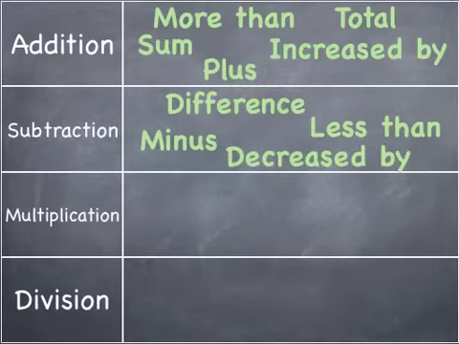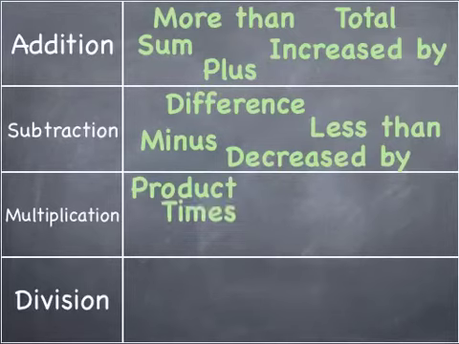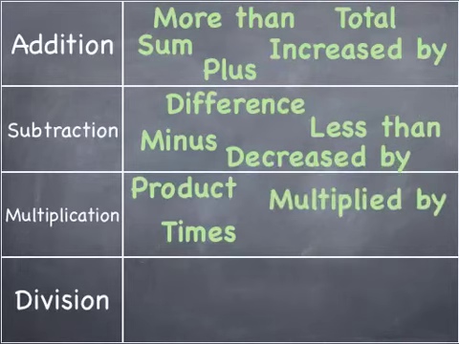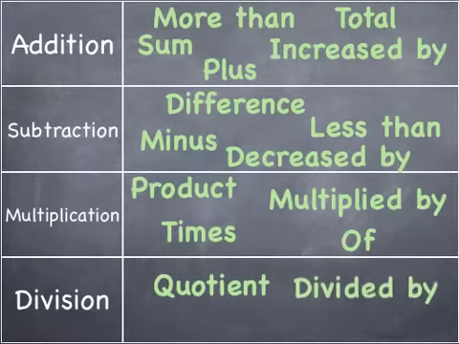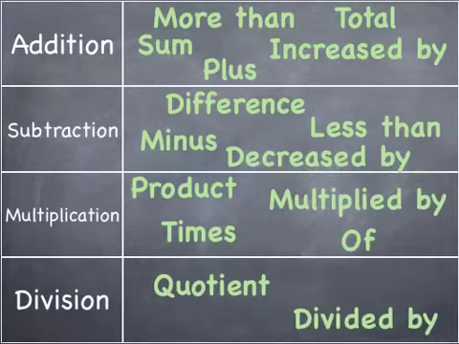Some words that would indicate multiplication are product, times, multiplied by, and of. And words that would indicate division are quotient and divided by. We're going to use these words to translate between words and expressions.